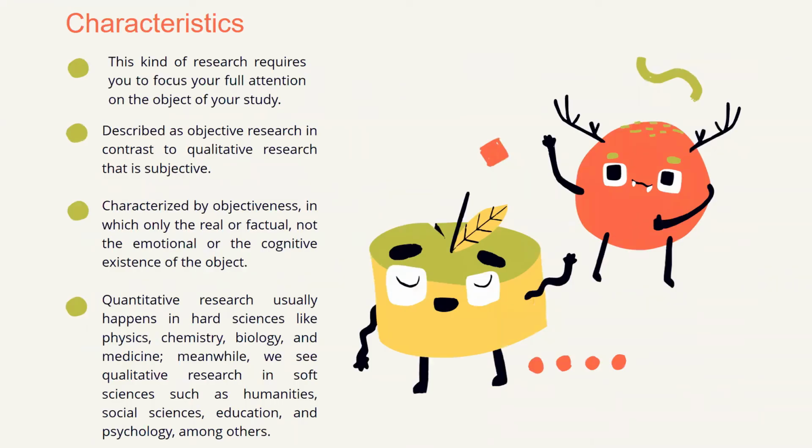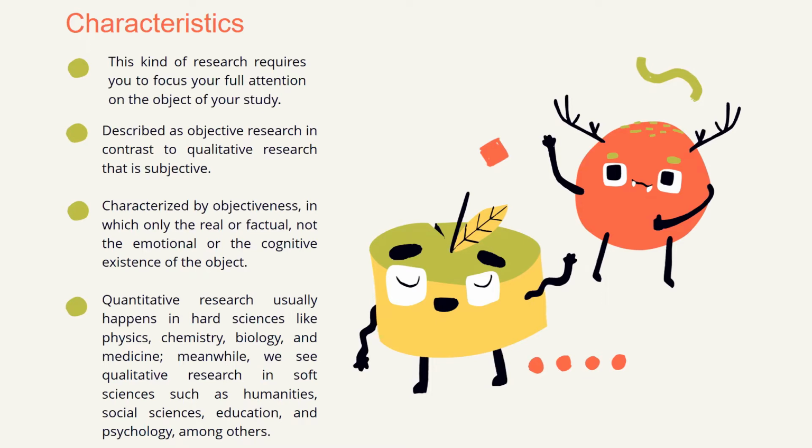In the next slide, you can see the characteristics of the research. So we have these four characteristics of research. This kind of research requires you to focus your full attention on the object of your study. It is described as objective research in contrast to qualitative research that is subjective.